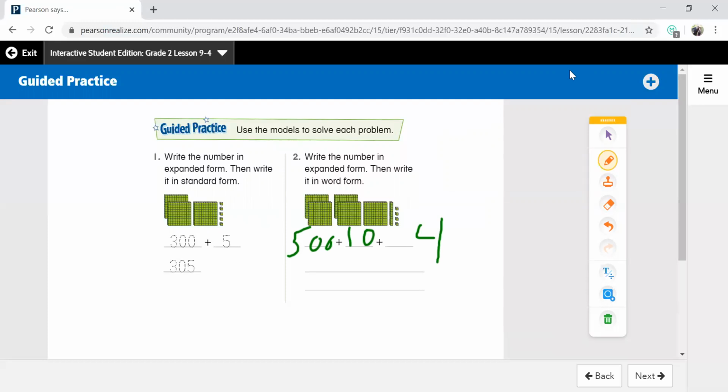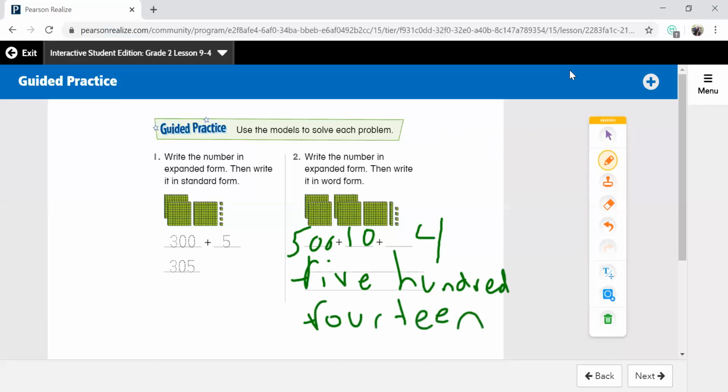So the number is 514. We're going to write it in word form. 514. And there you have it. We just did it 2 ways, expanded form and word form.